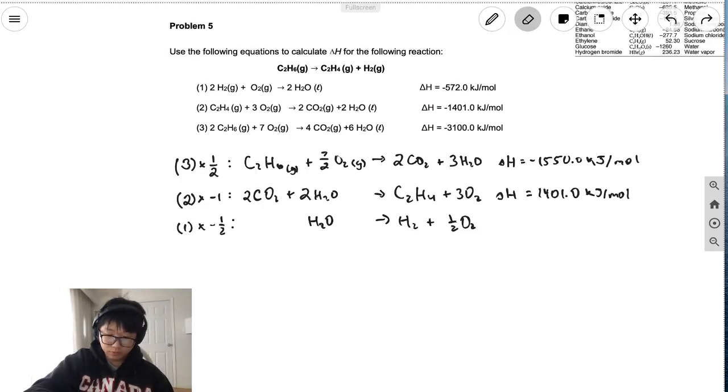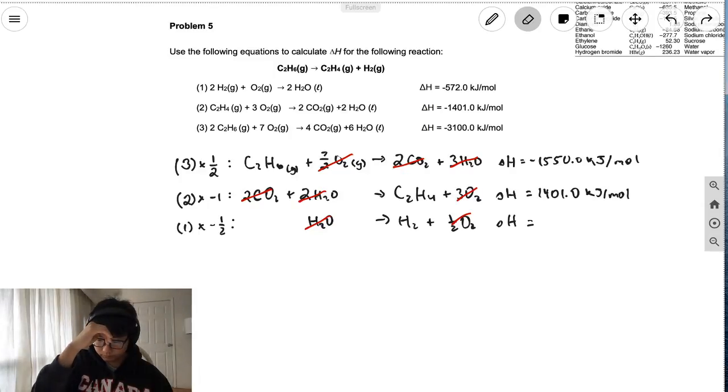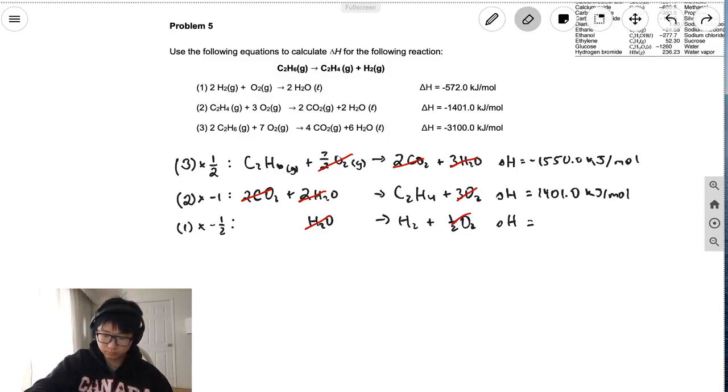Yep. Yep. So yeah, now make sure you cancel. Just verify that you have the actual equation that you want. And this one was a little bit easier just because the elementary step equation has been balanced for you. Yeah. Okay.